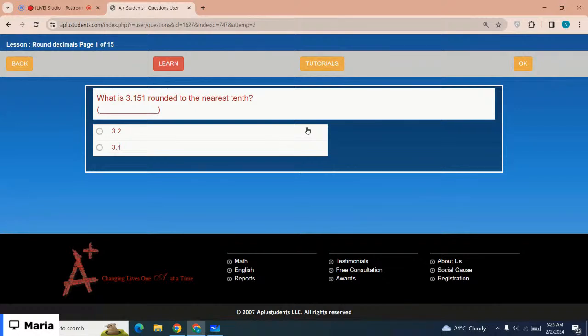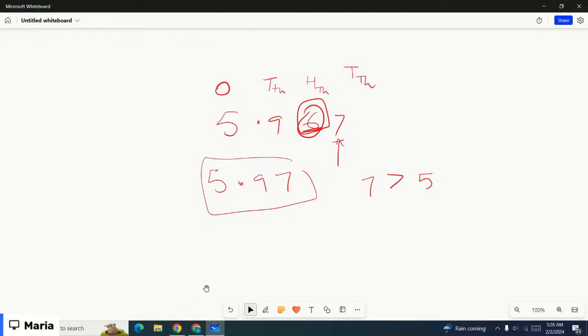What is 3.151 rounded to the nearest tenth? Which is the correct option? You have to round off to the nearest tenth.